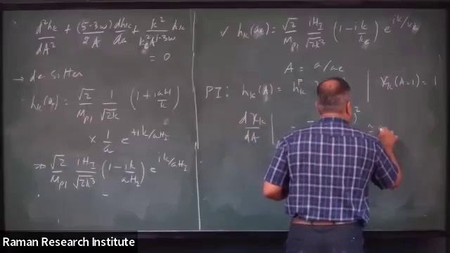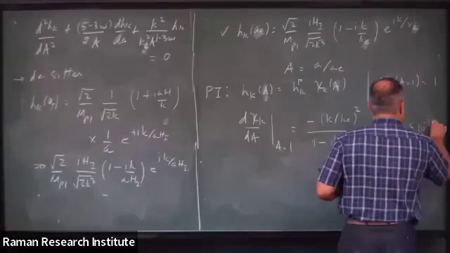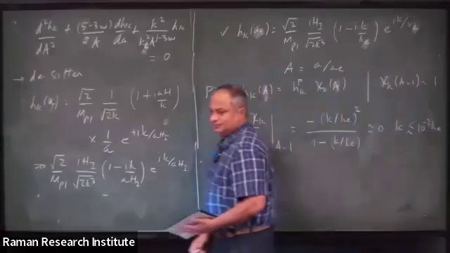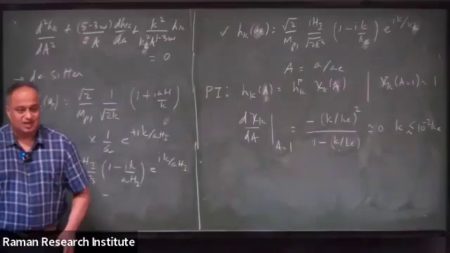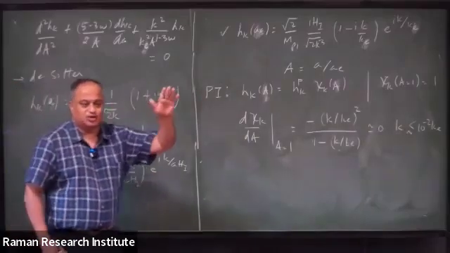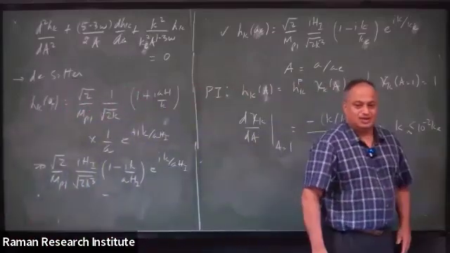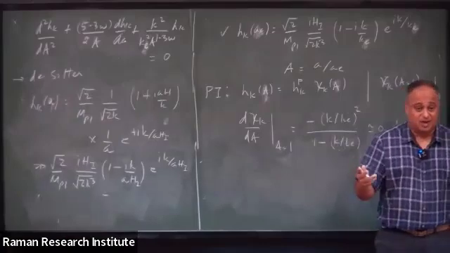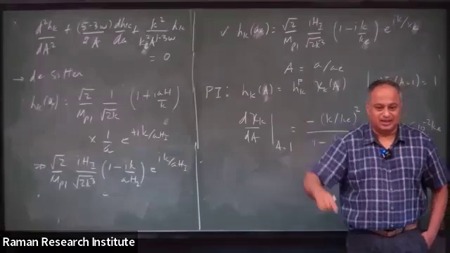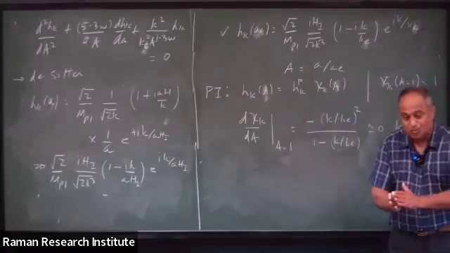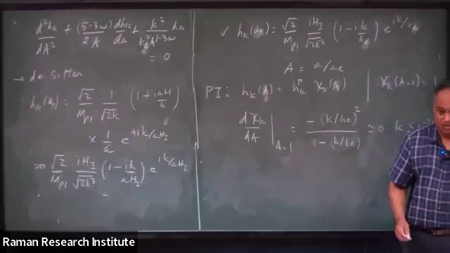And this is 0 for k, say, less than or equal to 10 to the minus 2 ke. Okay, roughly 0. Is that clear? This is not surprising. On super Hubble scales, I didn't emphasize this point, okay? Just like the curvature perturbations, the tensor perturbations freeze on super Hubble scales, all right? Other than those modes which have hardly had enough time to evolve on super Hubble scales.